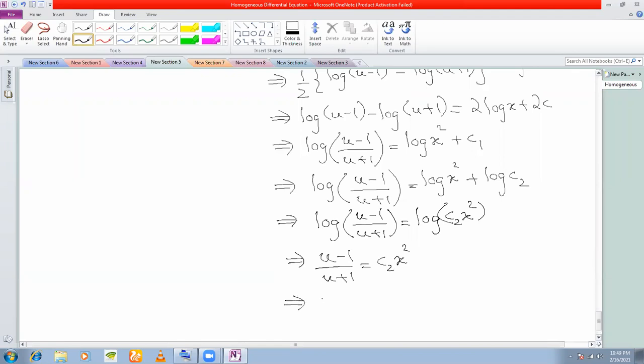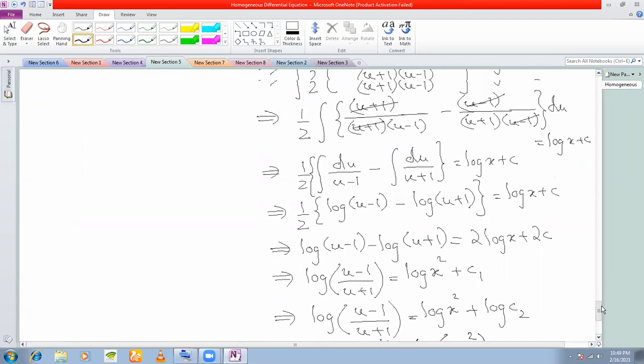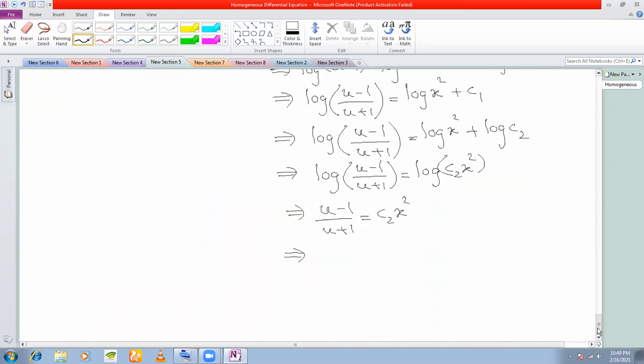What was the value of u? We had taken u as v minus 1. So v minus 2 by v minus 1 plus 1 is equal to c2x square. That means v minus 2 divided by v is equal to c2x square.